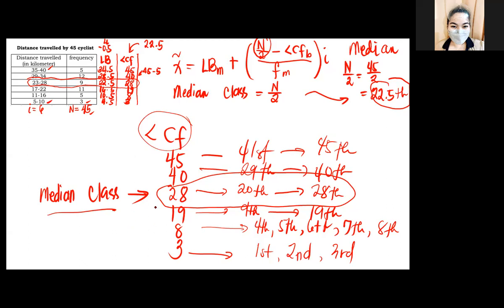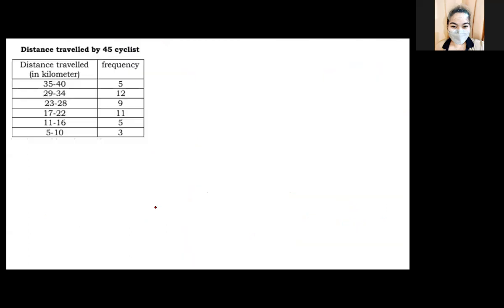Okay na po ba to? Let's proceed. Tuloy tayo dito sa sunod na ulitin natin si lower boundary at saka si CF. 34.5, 28.5, 22.5, 16.5, 10.5, 4.5.